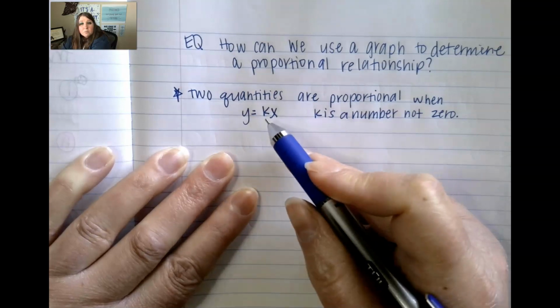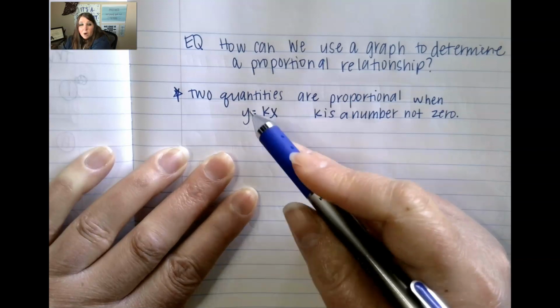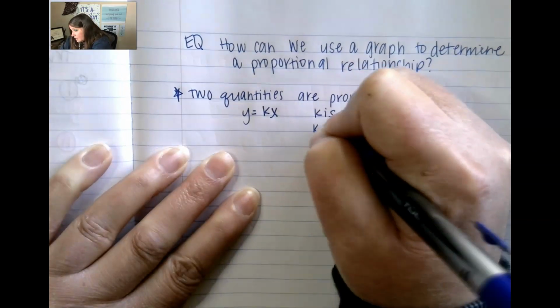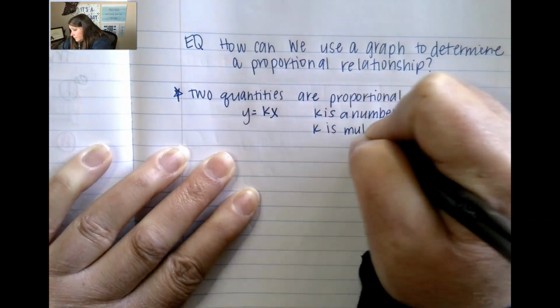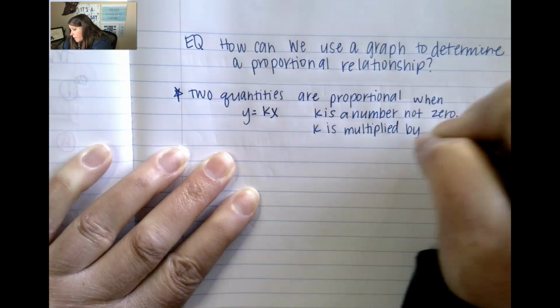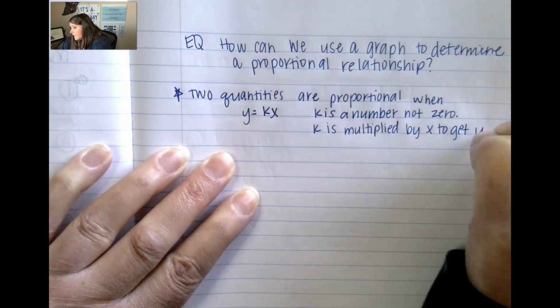Okay, so we're going to use k to multiply times x to get a y value. So k is multiplied by x to get y.